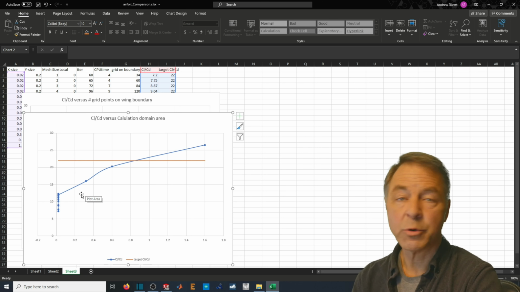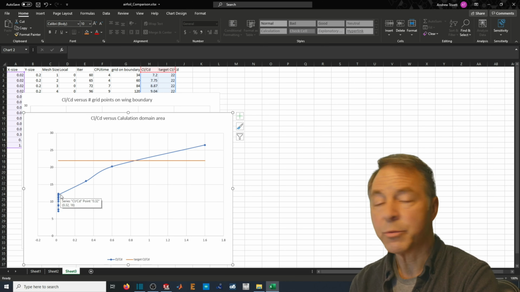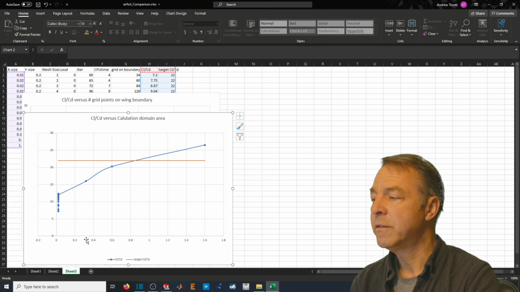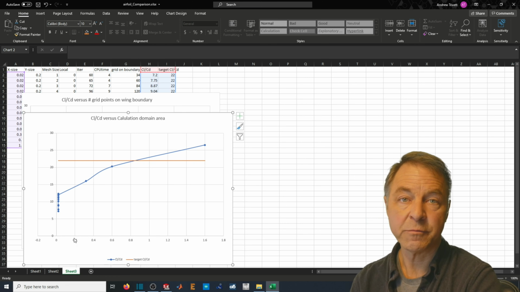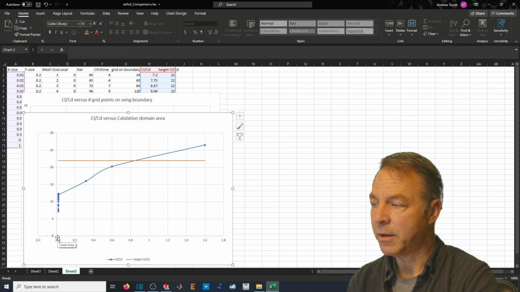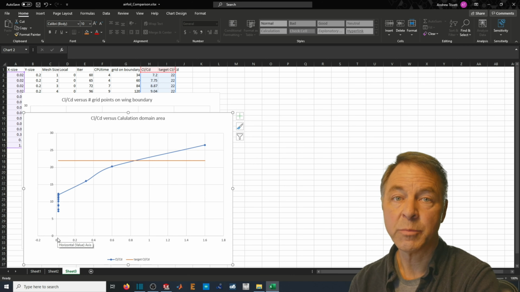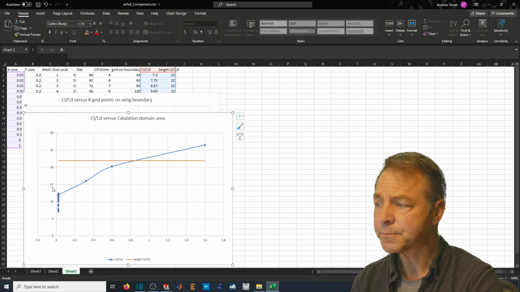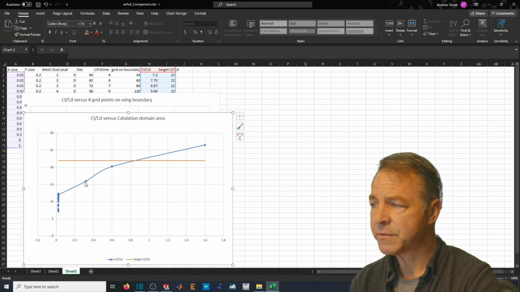What really was important to do also was properly defining the calculation volume. This axis horizontally is literally the area of my computation area. So if it was 0.2 meters long by 0.2 meters high, then that gave me my initial point, and then I just progressively increased that volume.